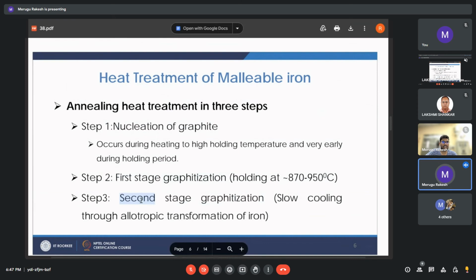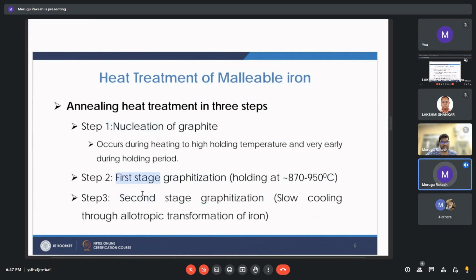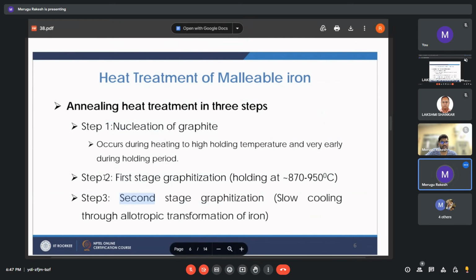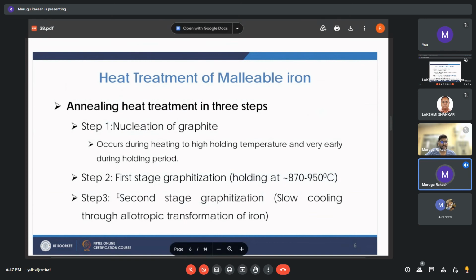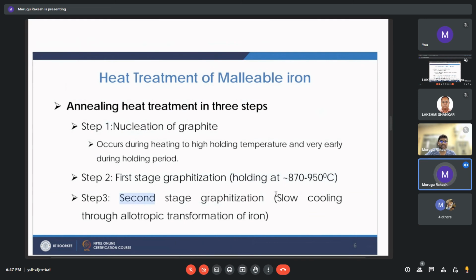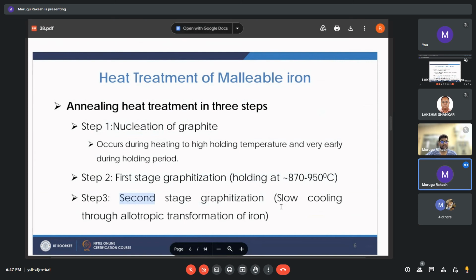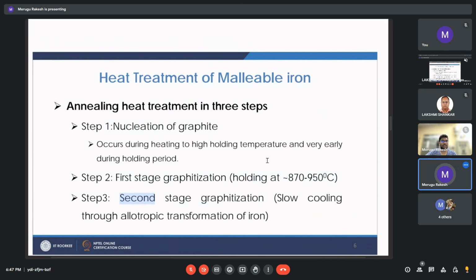The initial step is nucleation, then first stage graphitization, and second stage graphitization. The first stage happens during holding. The second stage graphitization happens when we start cooling. So we heat it, hold for some time, then cool it gradually. This is the heat treatment process in malleable cast iron.